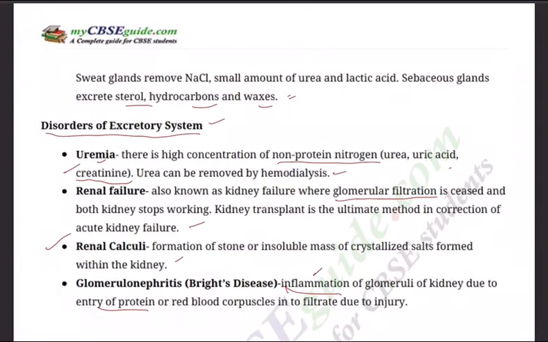In such patients, urea can be removed by hemodialysis. Second, renal failure or kidney failure. It is a medical condition in which kidneys fail to adequately filter the waste products from the blood, particularly glomerular filtration. Hemodialysis should be started after diagnosis is done. In hemodialysis, blood is drained from the artery into a dialyzing unit that contains a cellophane tube surrounded by a fluid of the same composition as plasma, except nitrogenous waste.